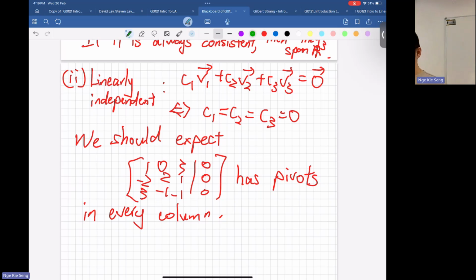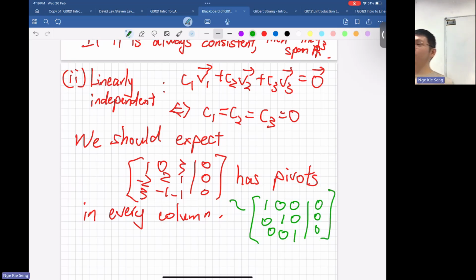I give you a hint. If you have a pivot in every column, in this case you will see this kind of form, right? So how to explain this solution here?